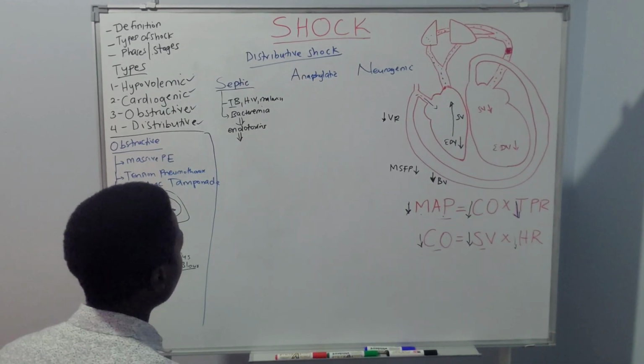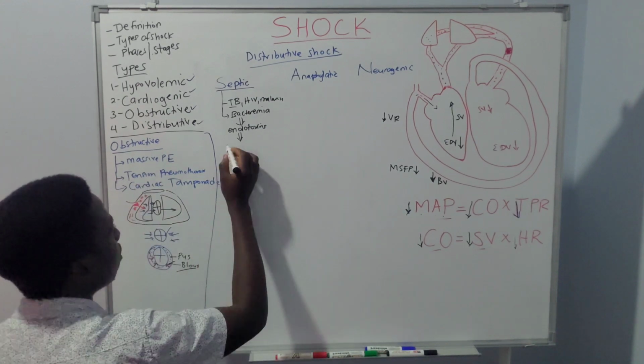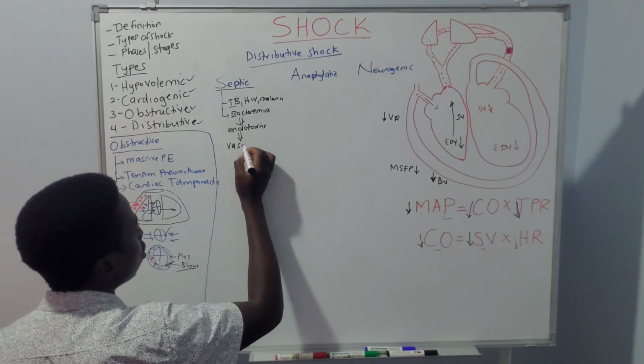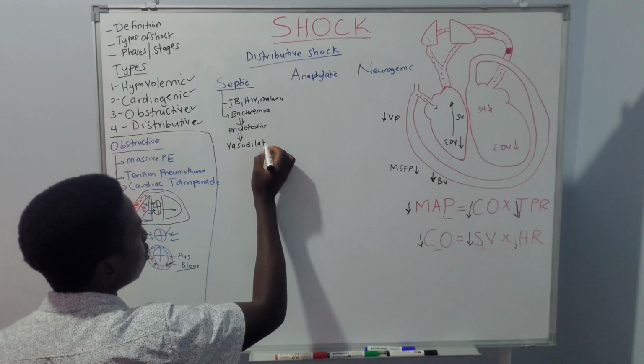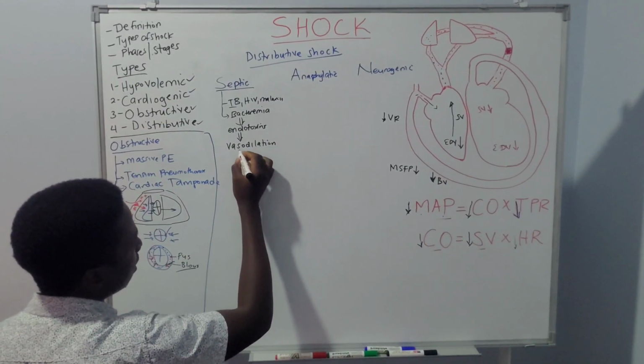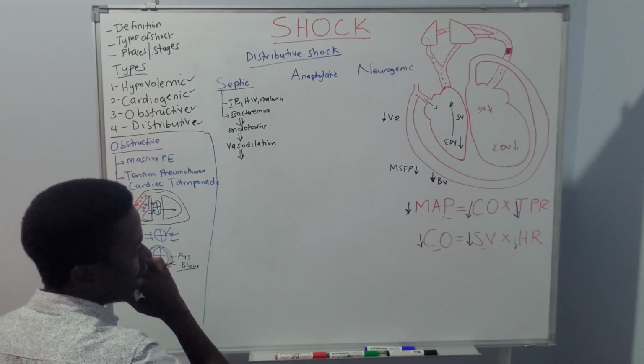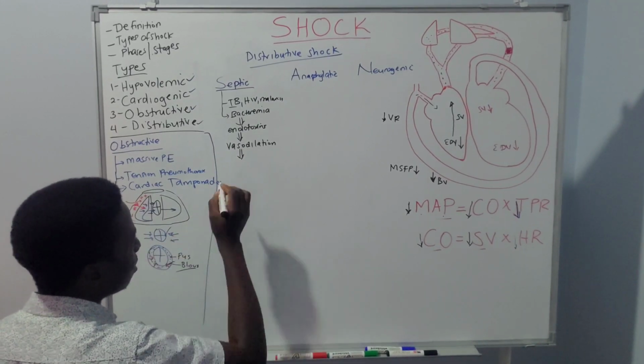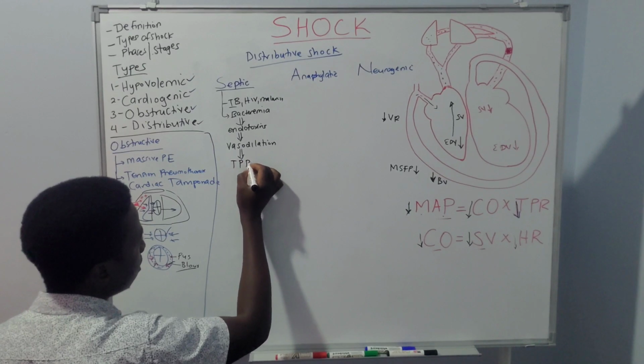These endotoxins tend to bring about massive vasodilatation. Okay, if I'm to remind you, what vasodilatation does is decrease the total peripheral resistance.